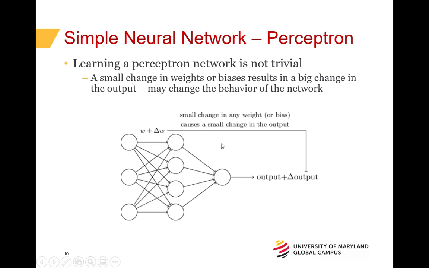So what we'd like to have is a small change in the weight, so weight plus change of weight. We are tweaking or adjusting the weights as well as the biases, and we want that to result in a small change in the output, not a big one. So a small change in any weight or bias causes a small change in the output. That is the desired state, and in perceptron it's hard to achieve that.